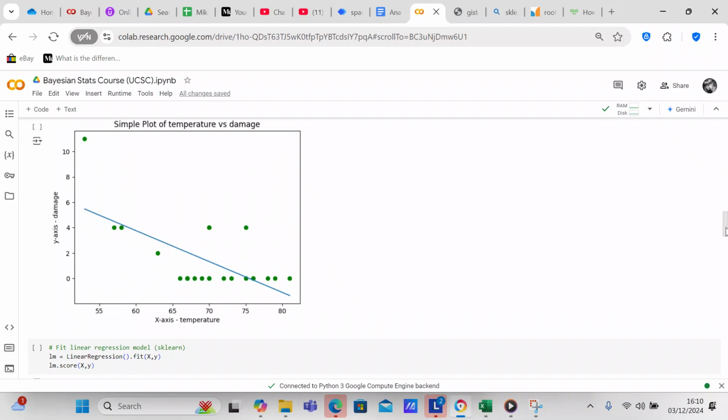But as a general rule, the lower the temperature, the higher the damage to the O-rings. And that's exactly what happened. If you read the blog post that I made, it says that the reason why the O-rings were damaged was a low temperature.